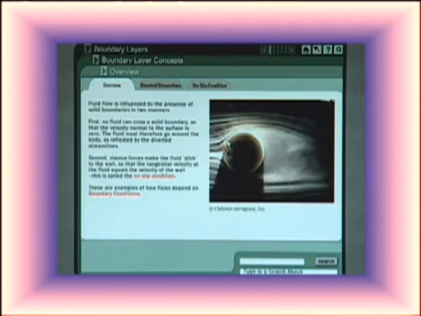So, these molecules of the fluid which are moving in x direction, as they come in contact with the solid surface, must attain the velocity of the moving object, and if the object is not moving, then the velocity of the particles at 0 distance from the solid boundary must be equal to 0. This condition is called no slip condition, right.